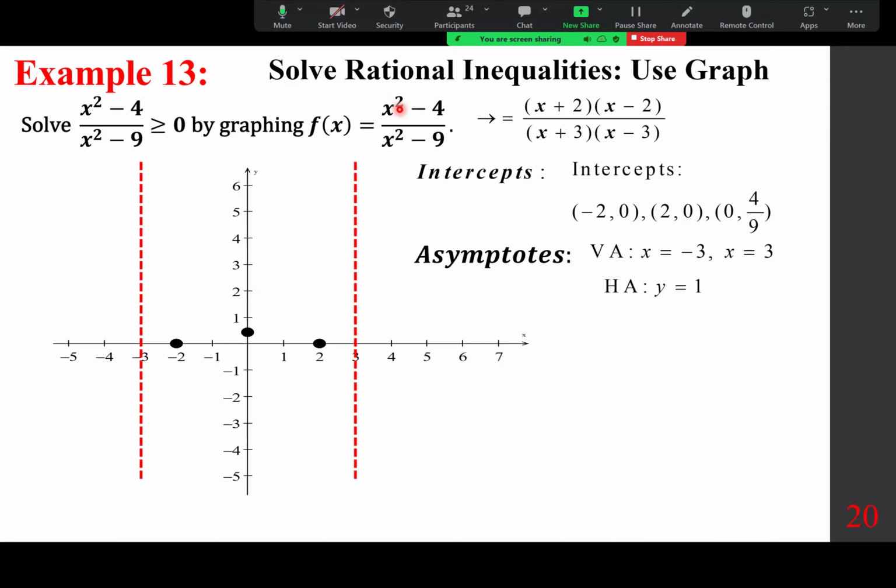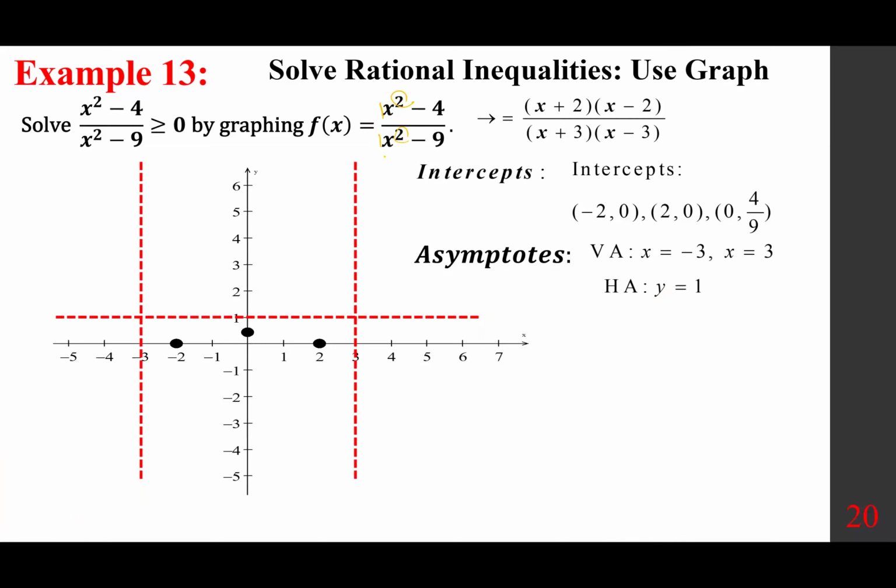Because the degree of the numerator is 2 and the degree of the denominator is 2, so 1 over 1 makes it y equals 1. I hope everybody is clear. And whenever you have a horizontal asymptote, there is no slant asymptote. So y equals 1 is the horizontal asymptote.